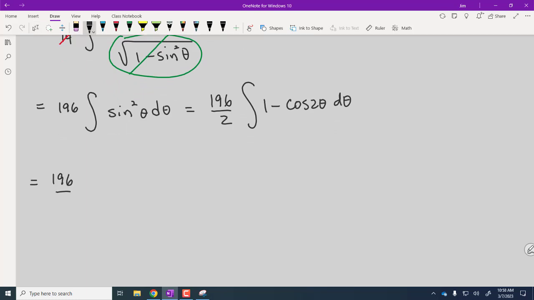And this will be, what's the integral of 1? Theta. So whatever the letter, the variable of integration. Integral of cosine is sine. Reverse chain rule, divide by the derivative of the angle.